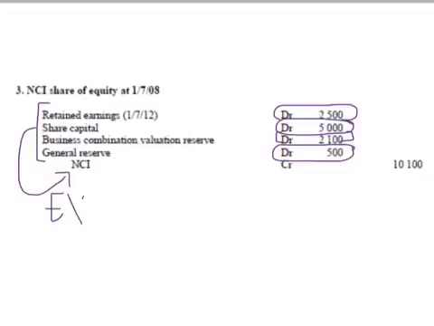We want to extract their share in each of the individual equity balances and group it into a one-liner which forms part of the equity of the group, but it's disclosed separately. So any reader of the financial statements can then clearly see which portion of the equity has been attributed to the NCIs. So this then forms our starting point for what the NCIs are entitled to.